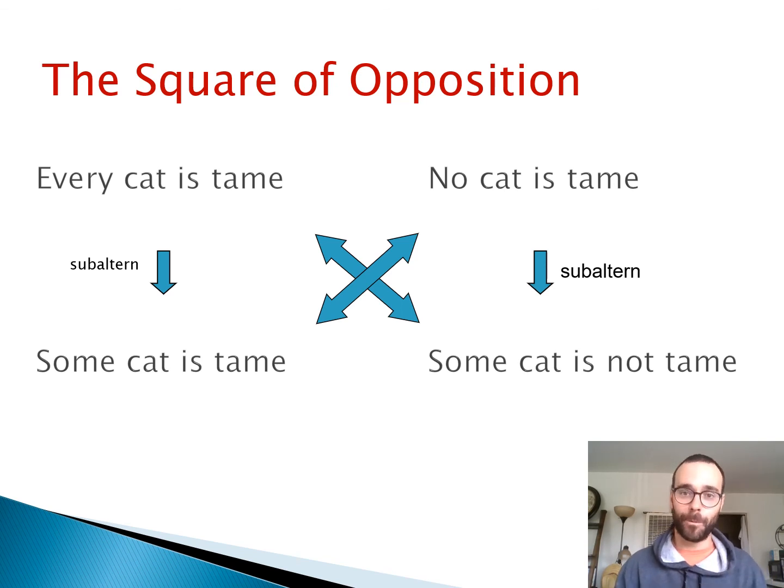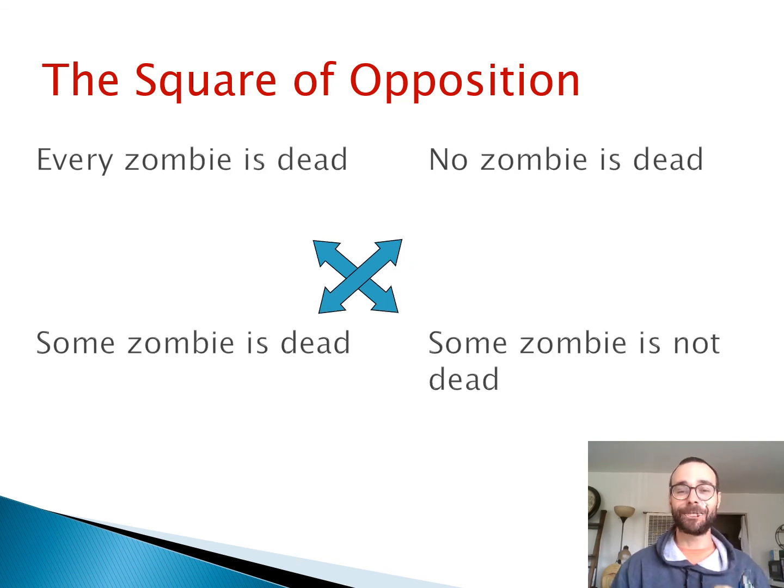So the particular comes from the universal in this instance. The problem with this is that it's not always the case. If I were to change cats to something like zombies and say every zombie is dead, right? It necessarily wouldn't lead me to believe that some zombie is dead, because zombies are not real.